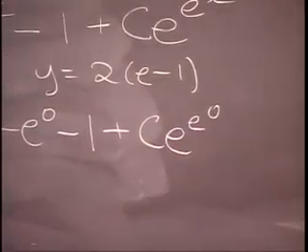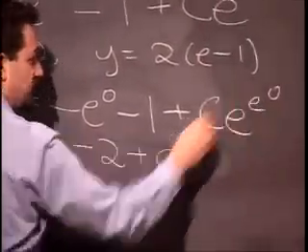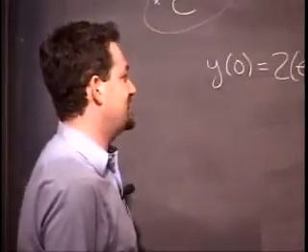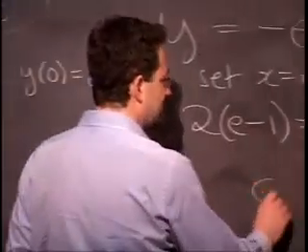Okay, so the right-hand side is negative 2 plus c, since e to the 1 is just e. So we need 2e minus 1 to equal negative 2 plus ce. Well, you add 2 to both sides and divide by e, and you find that c is equal to 2.